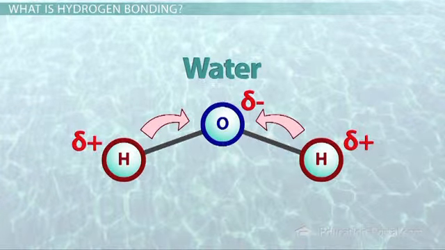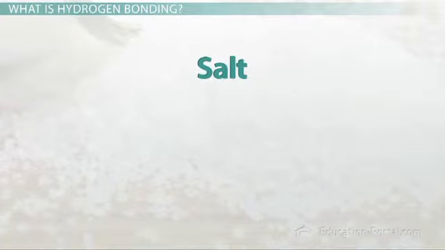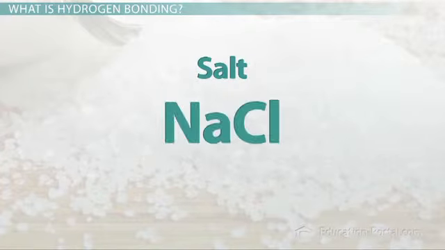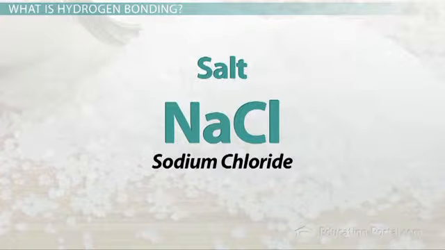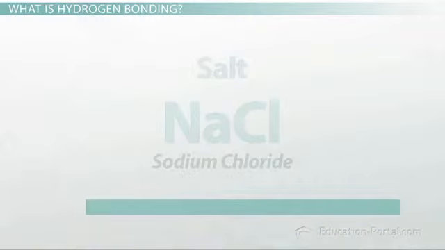So how is that going to interact with another molecule? Let's talk about another common molecule that you might be familiar with, salt. The molecular formula for table salt is NaCl, or sodium chloride. If I tell you that chlorine is a more electronegative atom than sodium, and it's a lot more electronegative, pause for a minute and tell me, what kind of bond is going to form between sodium and chlorine?